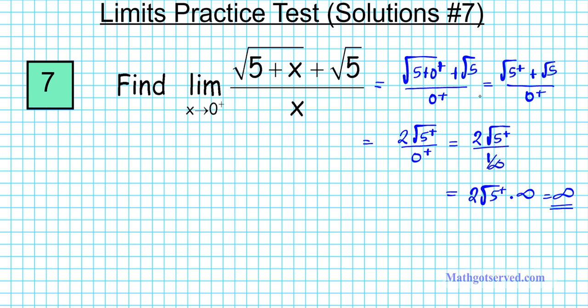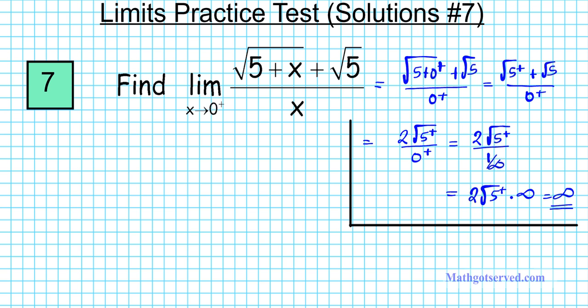You can see that we're able to evaluate this limit without rationalization of the numerator. Now let me go ahead and show you by rationalizing the numerator that we're going to get the same result. So this method right here, we can call it direct substitution.